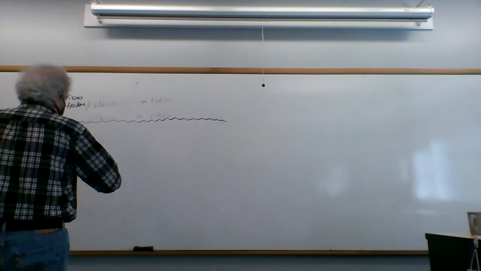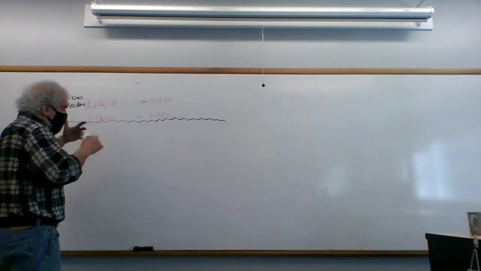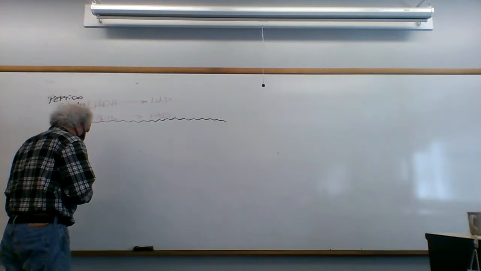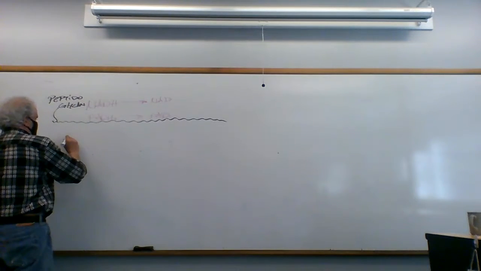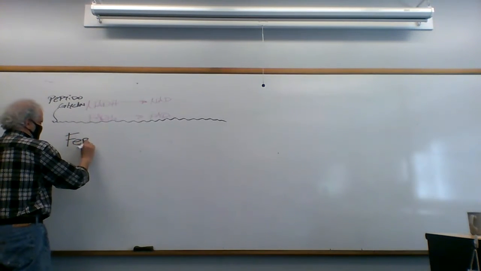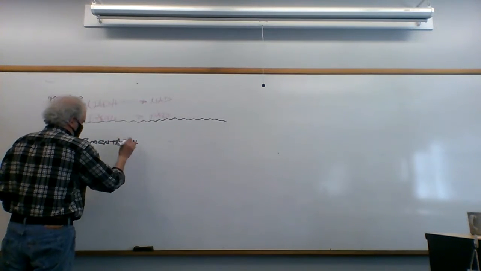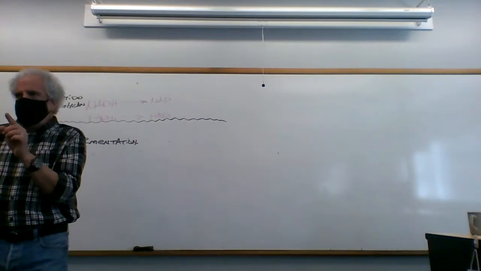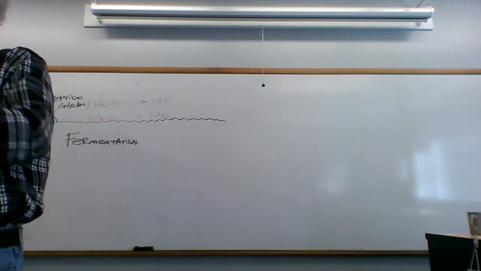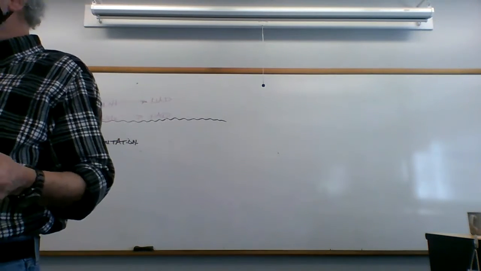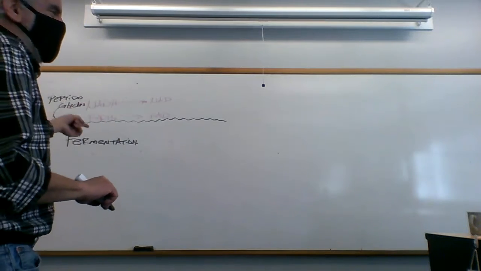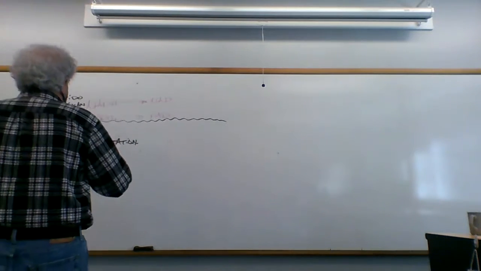If we are running out of electron acceptors, we can move into a different spot that is known as fermentation. And fermentation is primarily, and I have to think about this a little bit in terms of it being a universal definition, but I'm down with it. We're going to use pyruvate as a final electron acceptor.